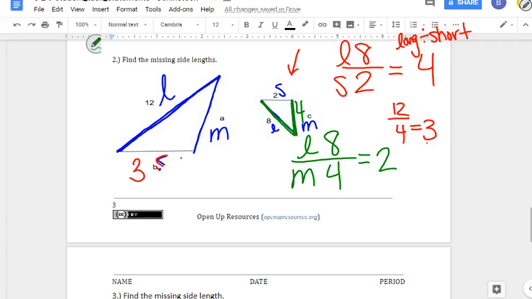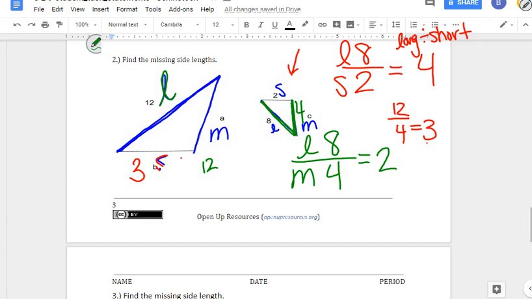So that means I can use 2 to find the medium side length using the long side length in the first one. So I have to use the number 12 because I used the long side length in the first one. So 12, I know, is going to have to be longer than my medium one.